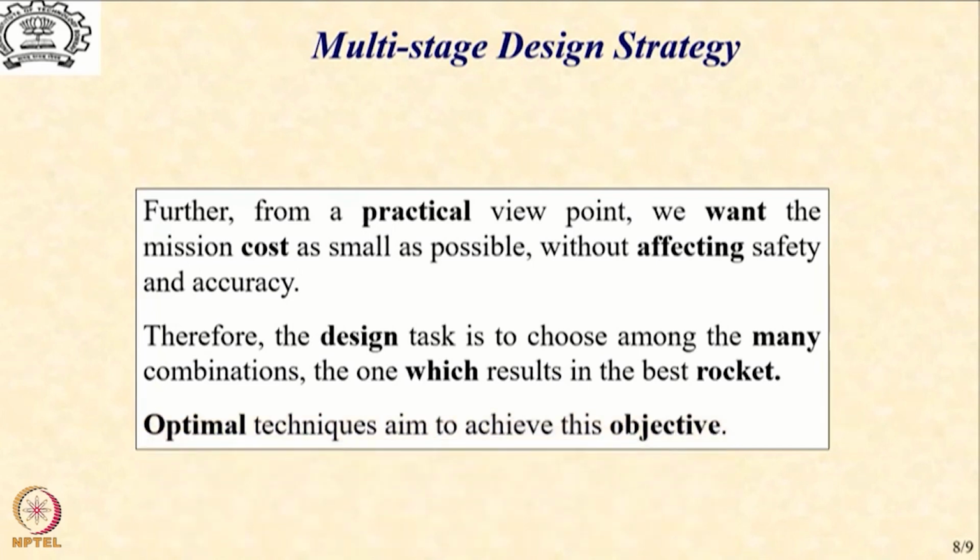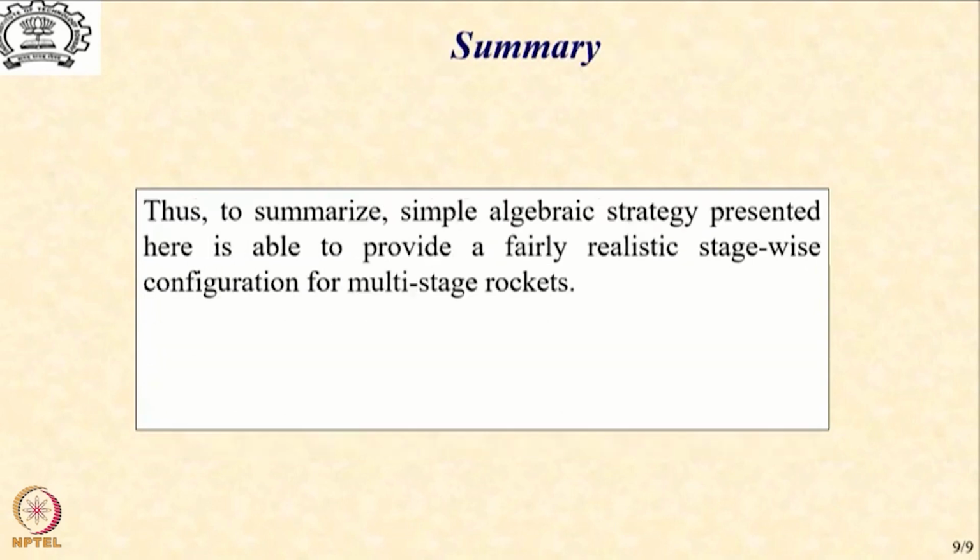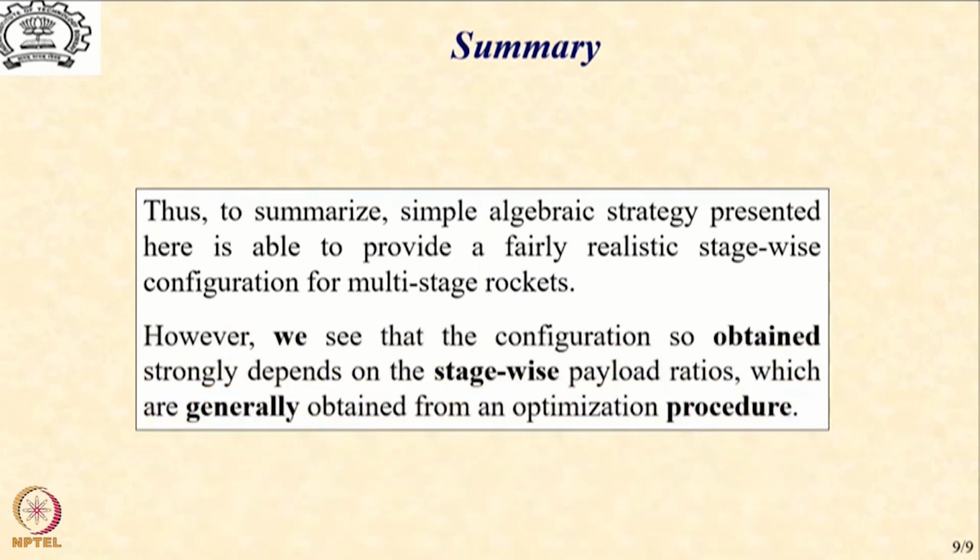Let me just make a mention that optimal techniques which are available in many forms are commonly employed to achieve this objective. So to summarize, the simple algebraic strategy presented here is able to provide a fairly realistic stage-wise configuration for multi-stage rockets. However, we see that the configuration so obtained strongly depends on the stage-wise payload ratios, which are generally going to be obtained from an optimization procedure.